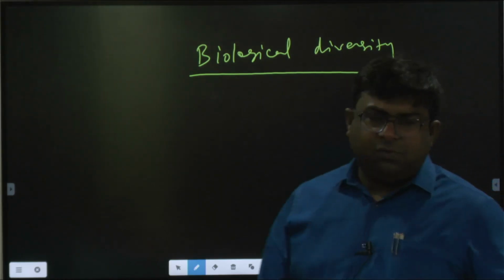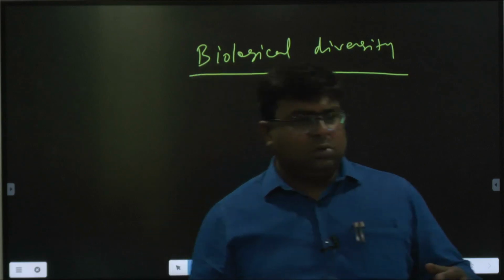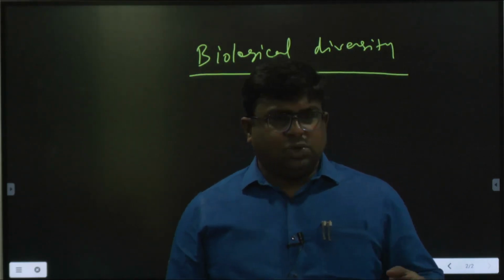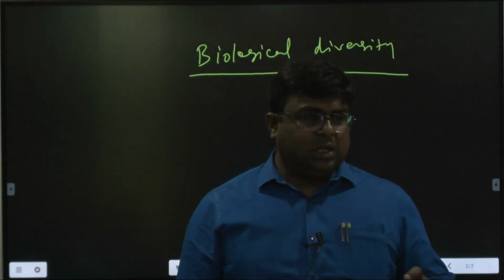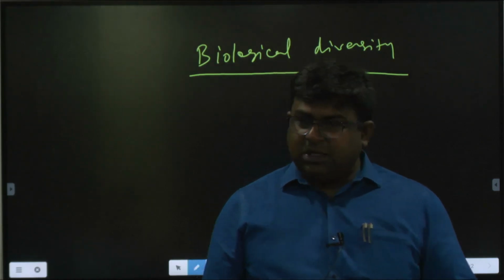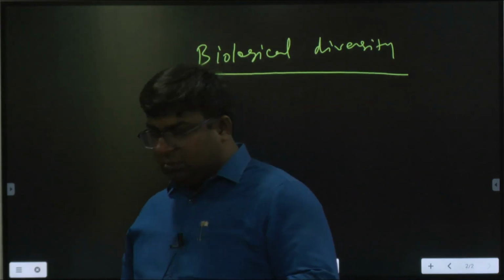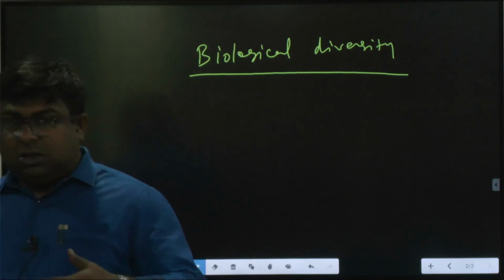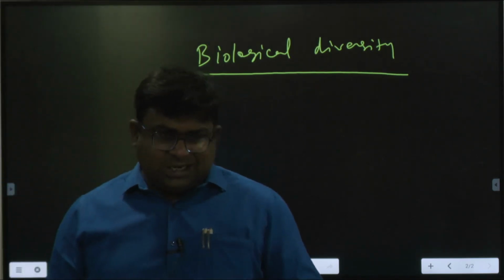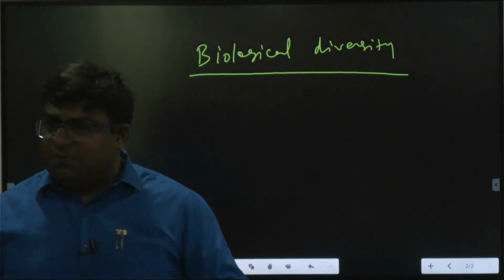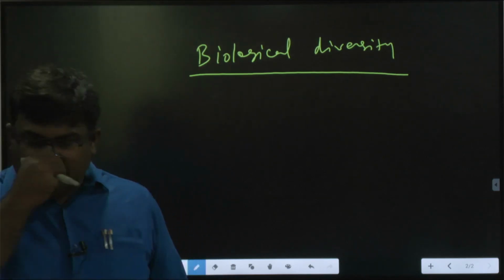Whatever data you will read about biodiversity, you should consider that data is about species diversity. Let's say we have written that 2% of Earth's original biodiversity. So this data is of what? Types of species, right?